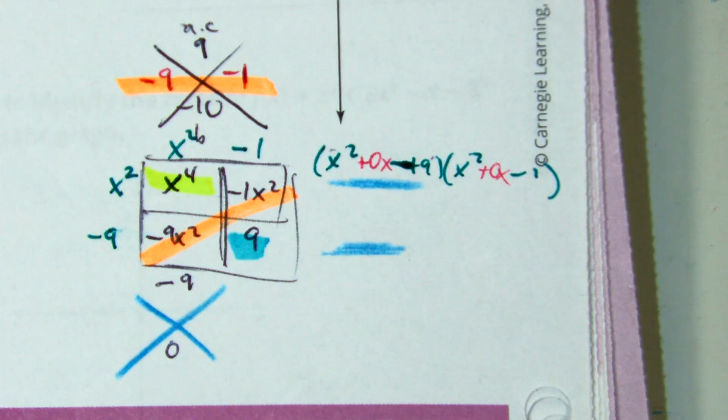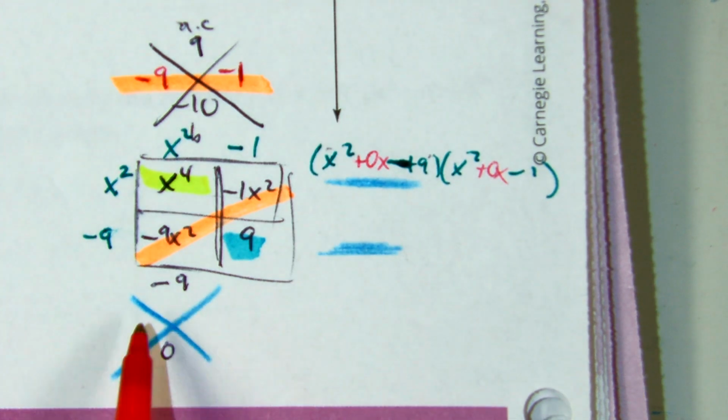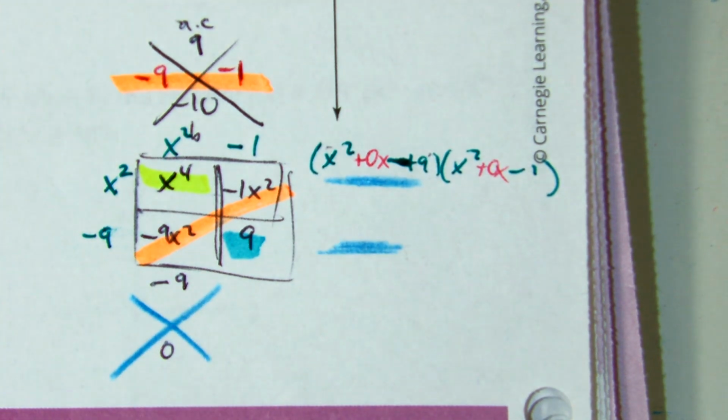Partner A whisper to partner B, what are the two numbers? Leslie P, what are my two numbers? Sade, what are my two numbers?